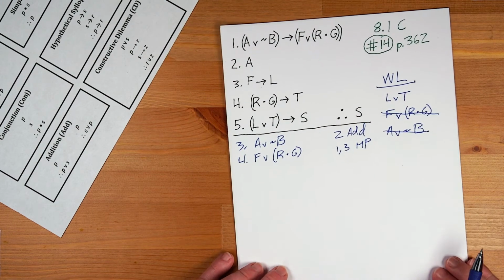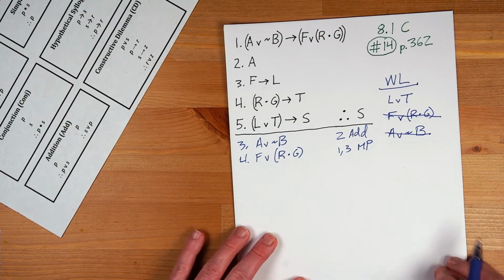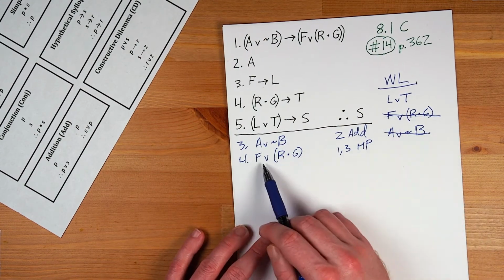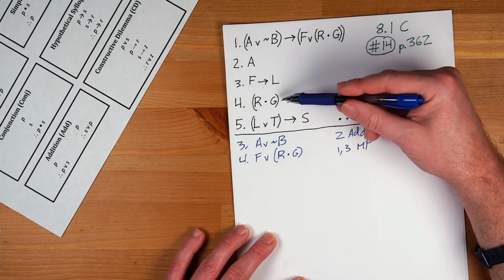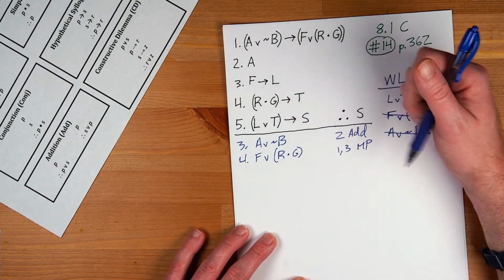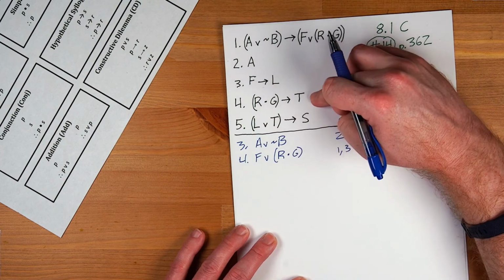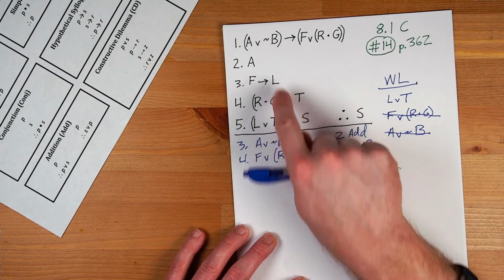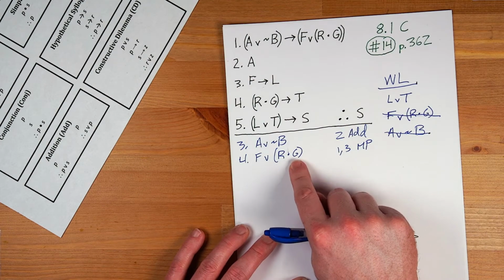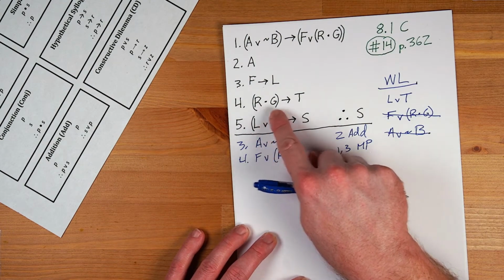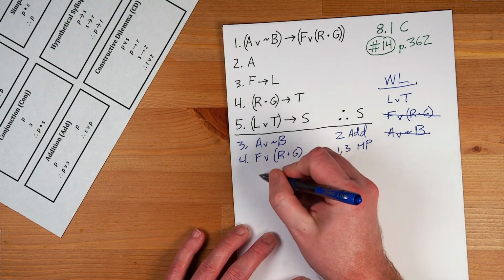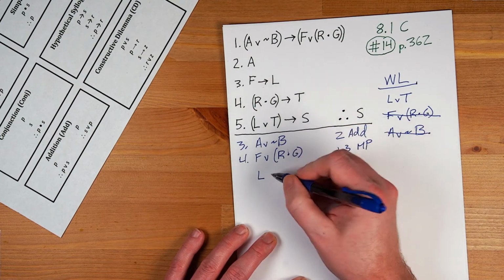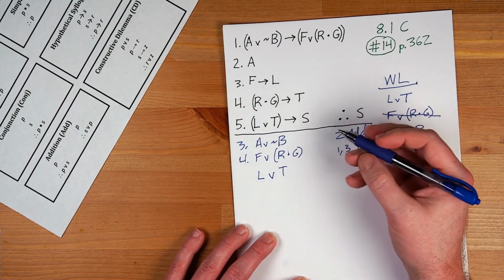And then remember we said we can use that disjunction with 3 and 4. Right? Because the left side, F, if F then L, the right side, R and G, well, if that R and G, then T. So that's going to give us L or T.